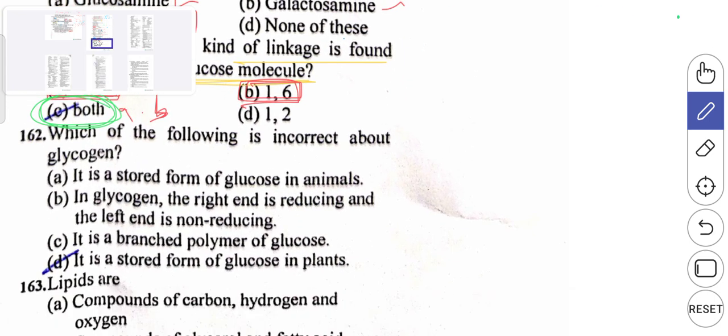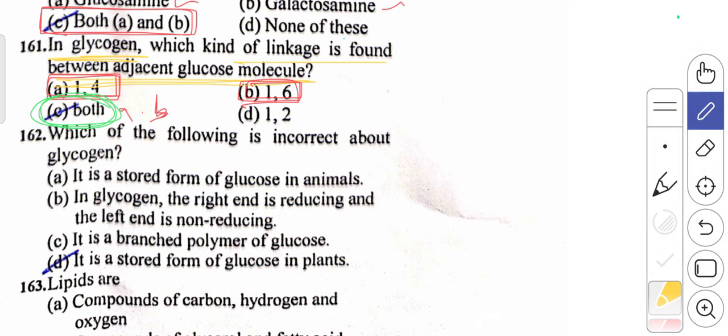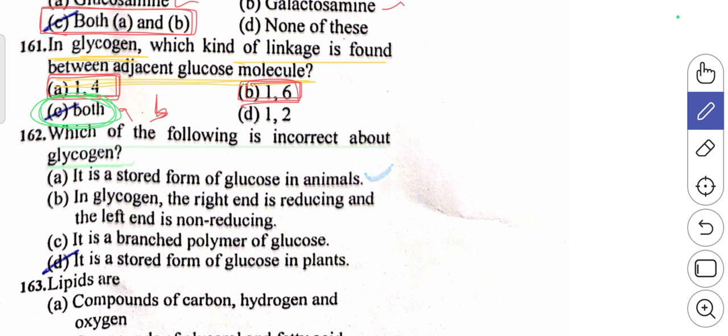So 162, which of the following is incorrect about glycogen? Again they have given an incorrect statement, so you have to choose the incorrect statement among the following. The first one, it is a stored form of glucose in animals. It is right. B, in glycogen, the right end is reducing and the left end is non-reducing. It is also true.